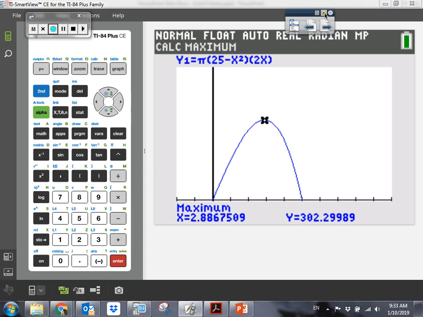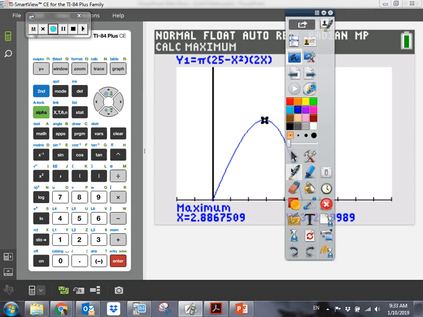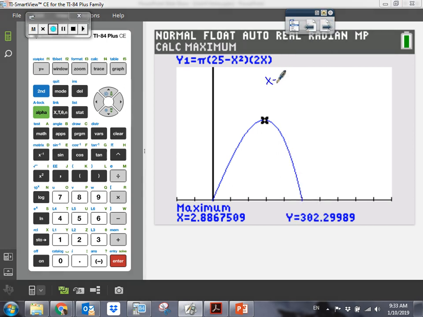So let's write down our two options here. x could be 2.886 or x could be 2.887, depending on if you want to round or truncate. And what unit are we in? Did it give us a unit? Nope, sure didn't. Now the volume is this number right here.